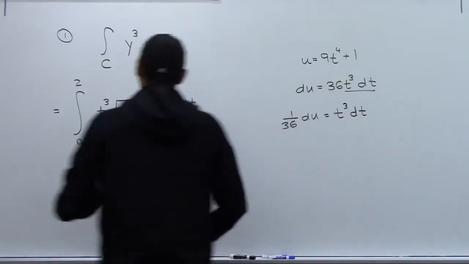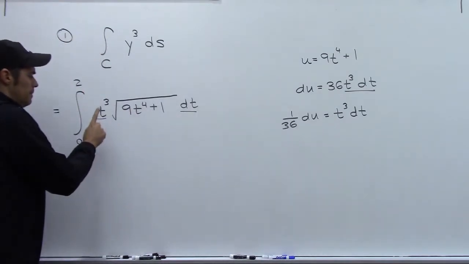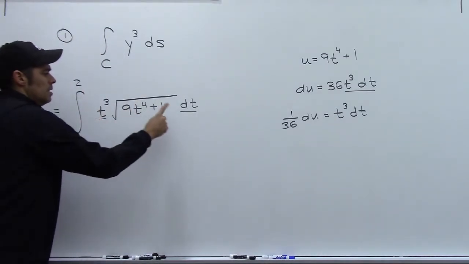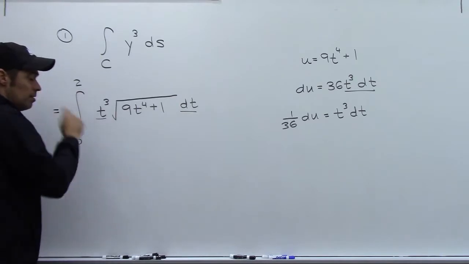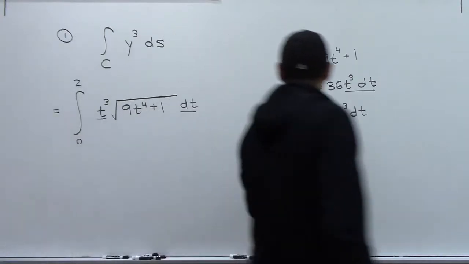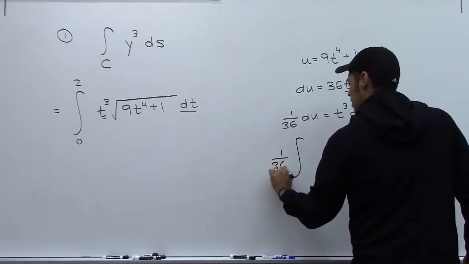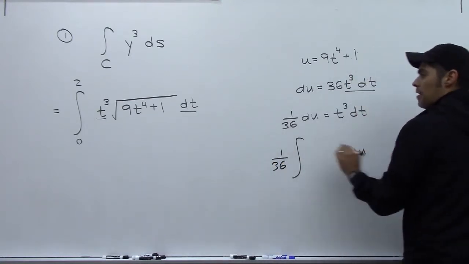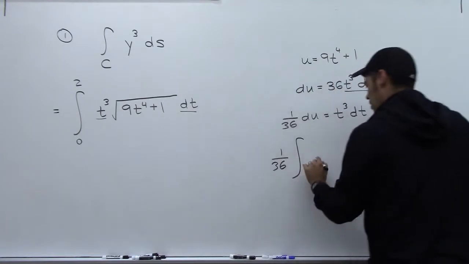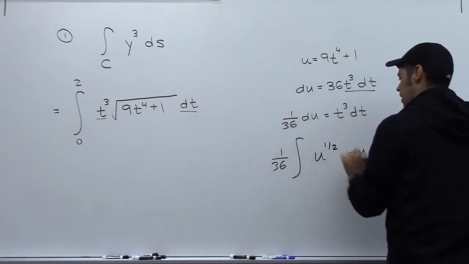And so t cubed dt will be replaced with 1/36 du. I'll just show you what the new integral is right here. 1/36 du, and then I have the square root of u, so I'll say u to the 1/2.